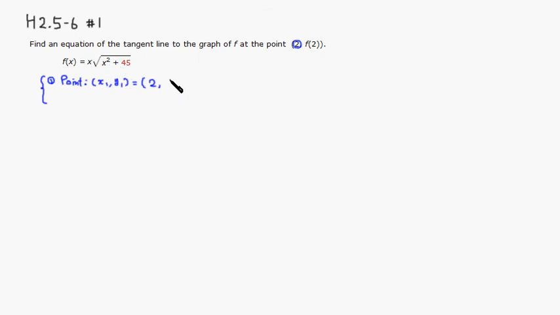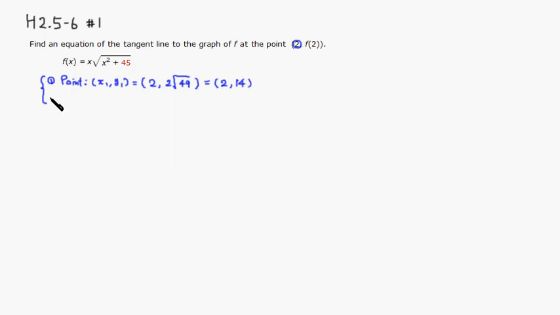It's 2 times the square root of 2 squared is 4, so 4 plus 45 is 49, which is 7. So 7 times 2 is 14. So we know that the point is 2, 14. We got a point.